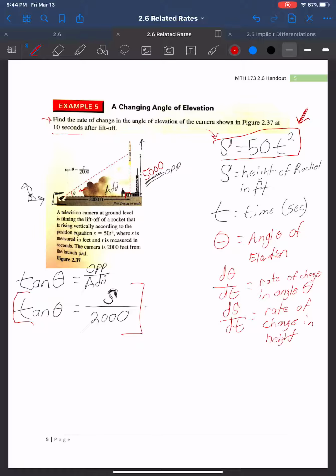All right. So let's go ahead and take our derivative. We know a little bit of information. We know t is equal to 10. And we know when t is equal to 10, S is equal to 5,000.